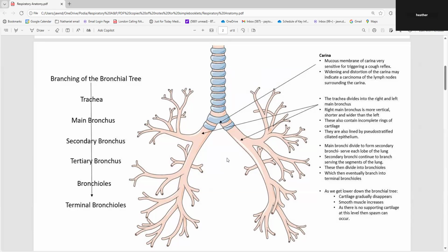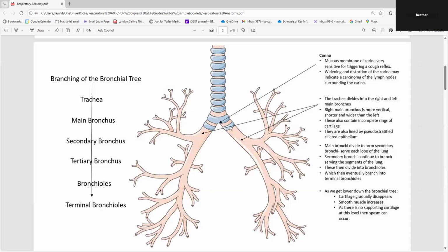If we work our way down, you can see these tracheal rings, which will eventually stop because these airways are hopefully no longer at risk of collapsing every time we breathe in and out. But this is a very big airway with a lot of pressures coming in and out of it, so it's important that it doesn't collapse.